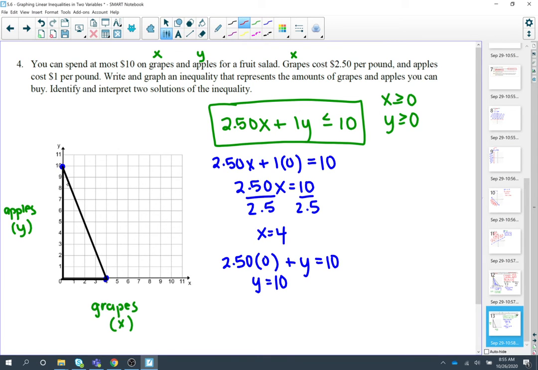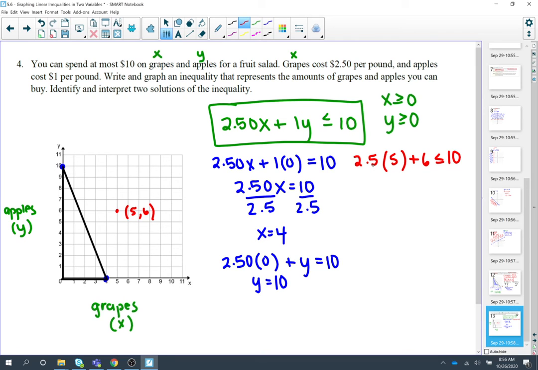Now, once again, I'm going to go test a point. I'm thinking that my realm of answers is probably in here. So why don't we just for fun test 5, 6 and see what happens. So x is 5, y is 6, so that's going to give me 2.5 times 5 plus 6 has to be less than or equal to 10.